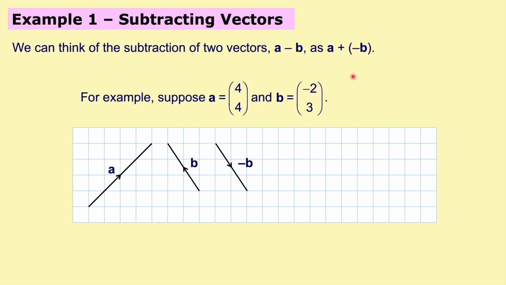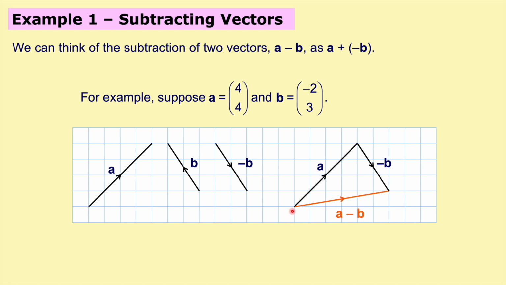So what does that look like? So if we've got vector A, and then we are taking them away, we're subtracting, we're adding on the negative of B, meaning at the end of where we have drawn, we're then going to draw our negative B component, which looks like this. And remember to draw your resultant vector.